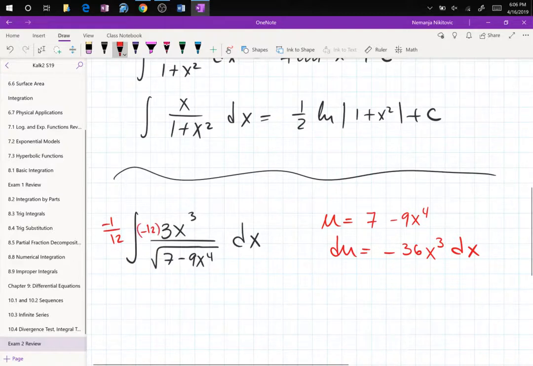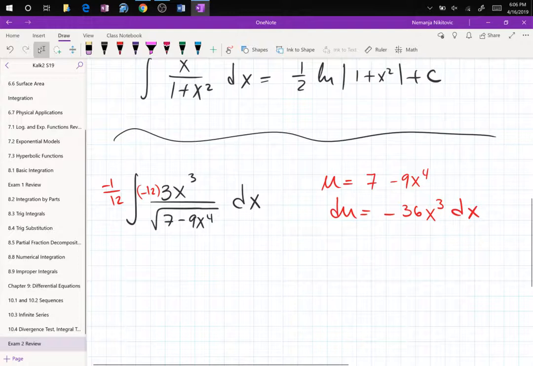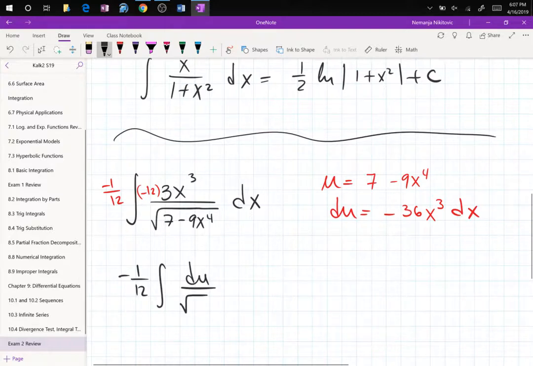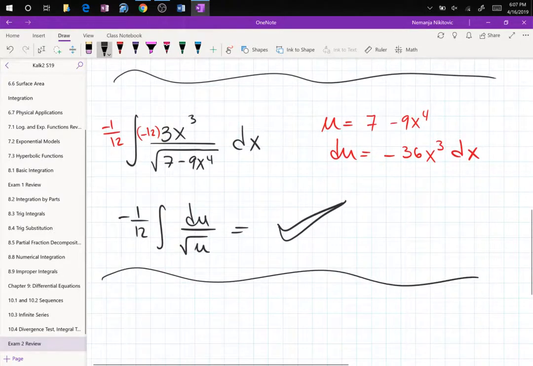And done. Are we calling this done on a u-sub? We have negative 1 over 12 times the integral of du over the square root of u, and here we put the Nike symbol. Just do it.